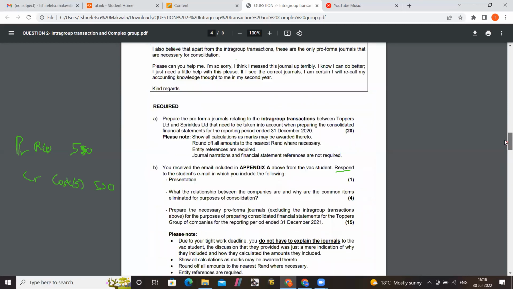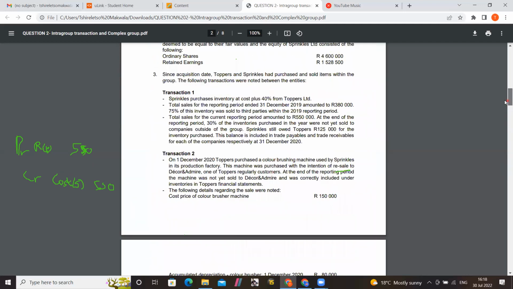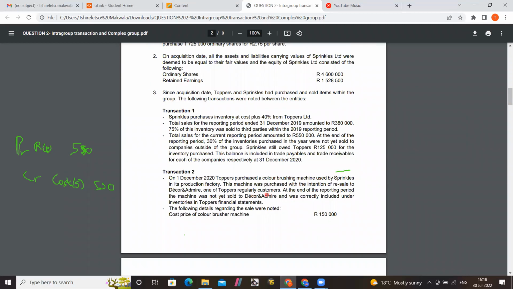Now let's look at that portion that talks about last year, this one of the 75%. Now, because this thing happened last year, the balances of revenue and cost of sales, they won't have it. So you don't record this balance here, number one.